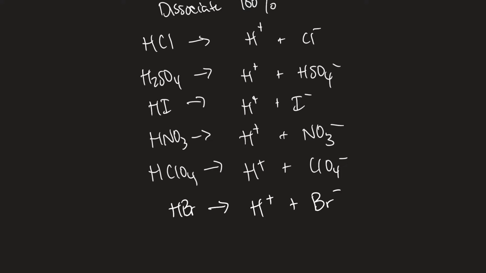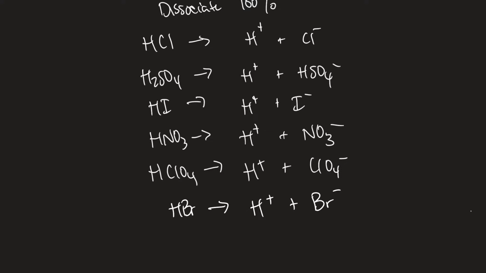Strong acids, when you put them into water or any solution, completely dissociate, or dissociate 100%. It's due to this property of wanting to dissociate completely, in other words, wanting to give up its hydrogen. Because these acids, according to Bronsted-Lowry, are proton donors.